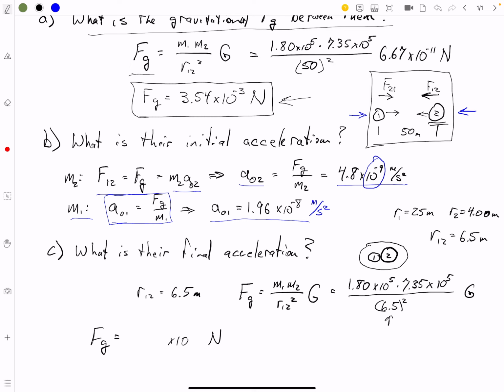Okay. So 208.8, let's say 209 times 10 to the minus 3. Oh, yeah. Now we're almost 100 times bigger. Okay, so good. That makes sense.